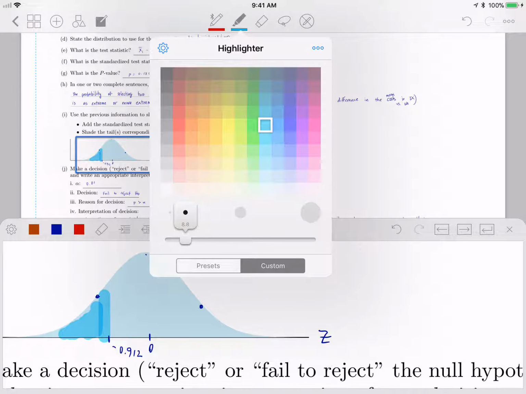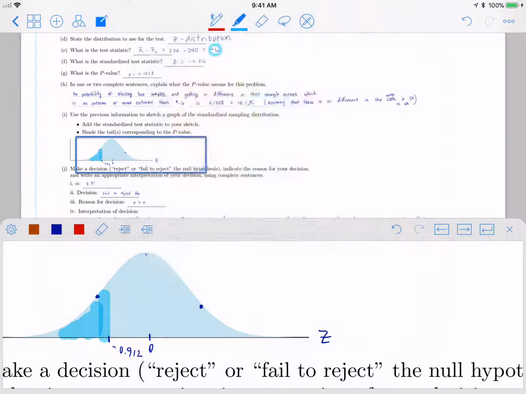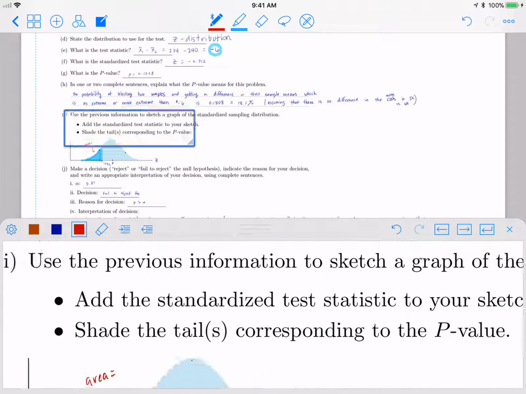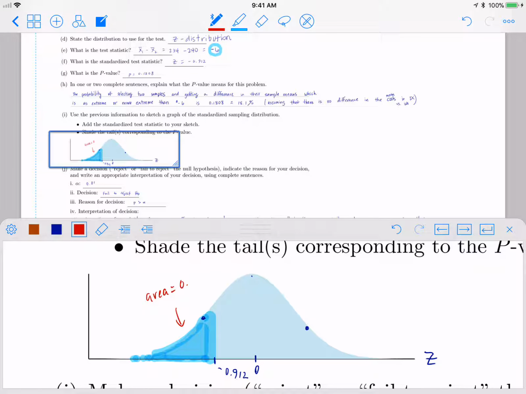I'm essentially going to be shading, and we know it goes on forever, but this area is equal to our p-value, which is 0.1808.